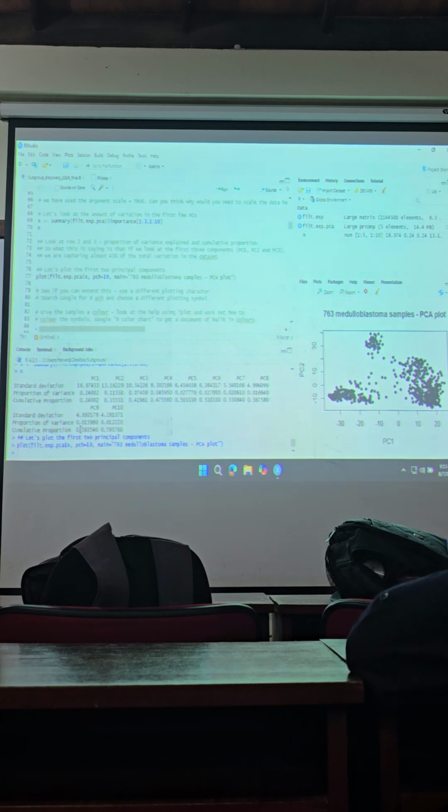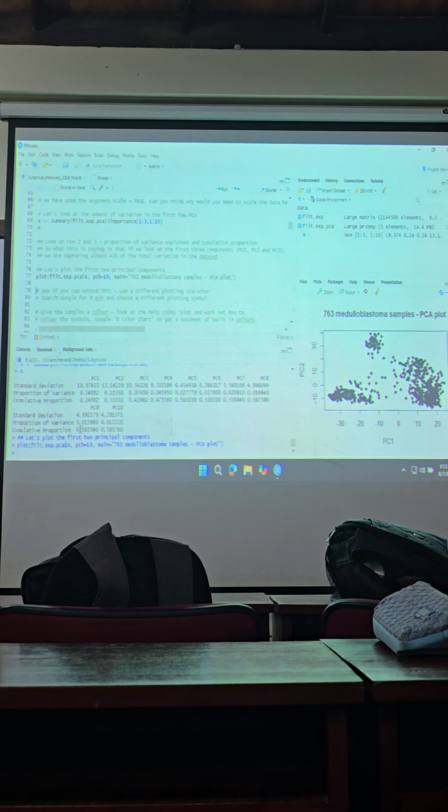When we plot PC1 and PC2, you will see that certain samples, each dot representing a sample, are clustered together, close together, and some are far apart. Close together means they are more biologically related to each other. So based on the clustering patterns, you can identify the number of groups.